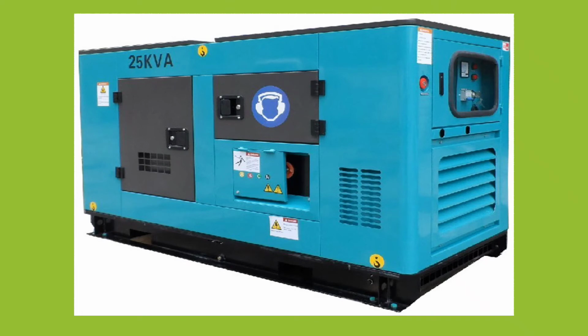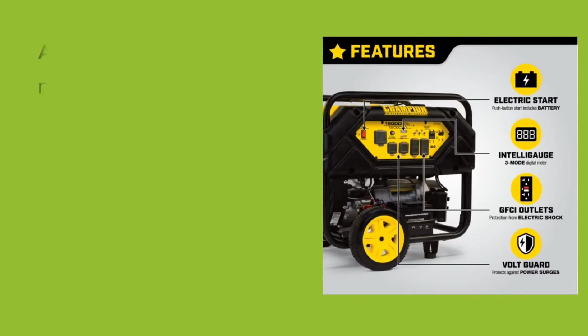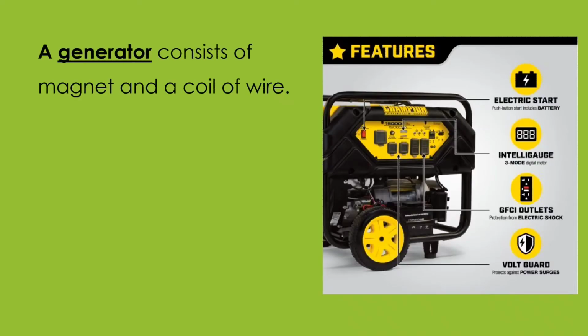Next to that we have the generator. A generator consists of a magnet and a coil of wire. The sources of the mechanical energy are various, such as turbine, wind, or water. So we can get a source of energy through those.